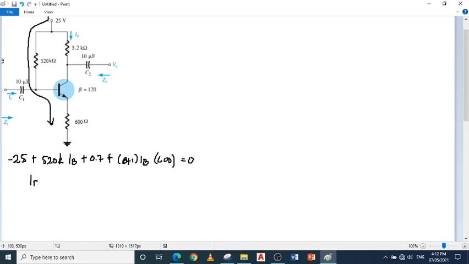And then solving for IB, shift solve nyo na lang: negative 25 plus 520k x plus 0.7 plus 121 times 600 x equals 0.